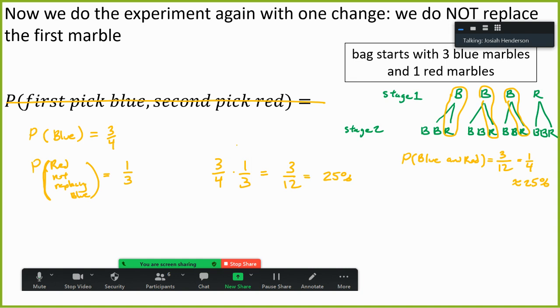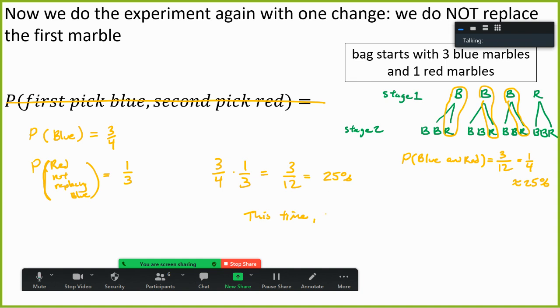So what's different here is that when we don't replace that blue marble, it affected and changed what was available for that second pick. So in this case, when we don't replace our first marble, the second pick is dependent on what happens in the first pick. The second event is dependent on the first event.